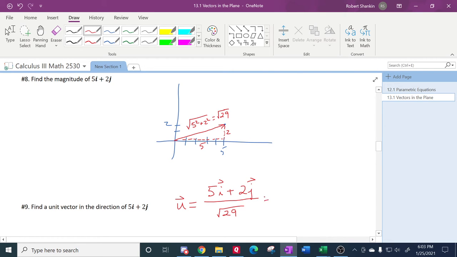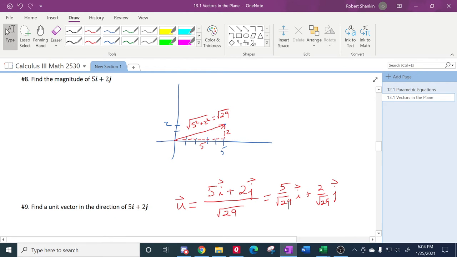So we could write this final result in a number of ways. 5 over square root of 29 i plus 2 over square root of 29 j. That would be fine to write it like that. Or you could factor out the 1 over square root of 29 out in front in parentheses, 5i plus 2j. And there we've got it.